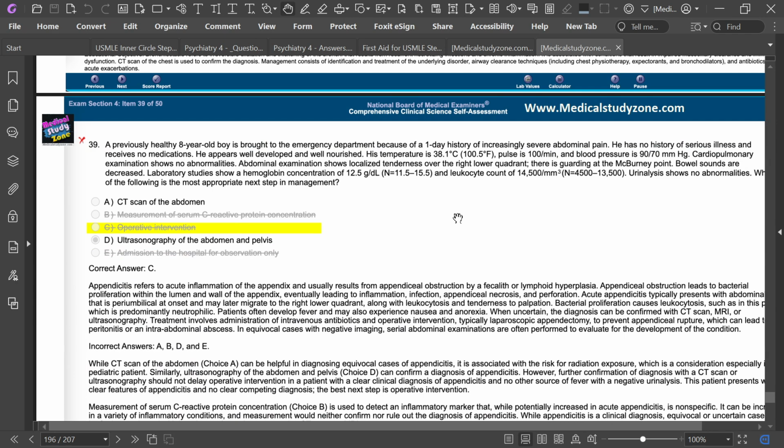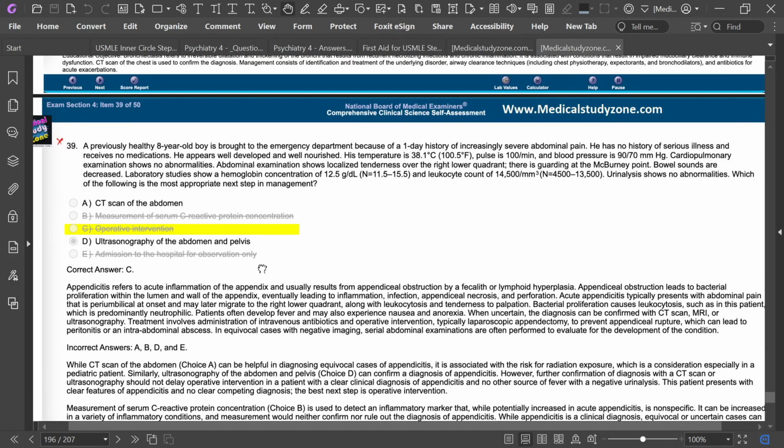So appendicitis, ultrasound, operative intervention. Appendicitis refers to acute inflammation of the appendix, usually resulting from appendiceal obstruction by fecalith or lymphoid hyperplasia.